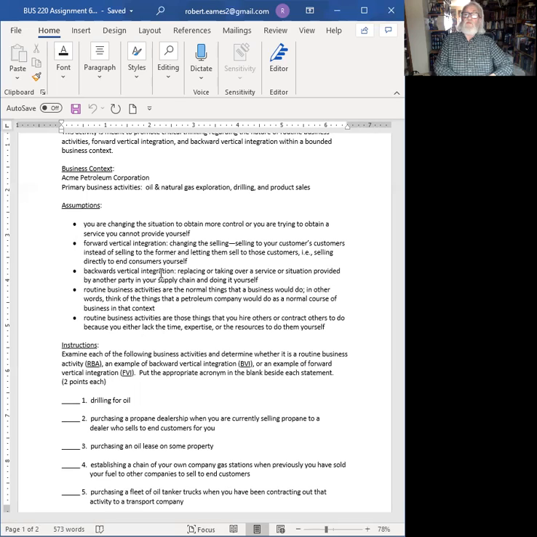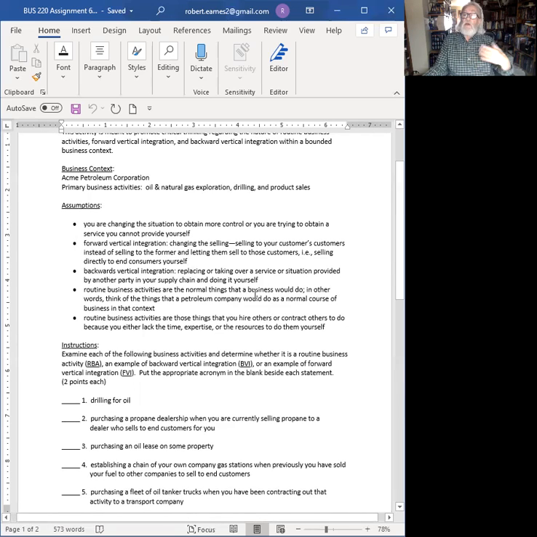Well, if you're performing backwards vertical integration, then you are deciding that, I can perform that service. I can do that thing myself in company. It will give us more control over things. And although we add another layer of activity and expense, in the long run, we probably will save money. We have more control over operations and so forth. That's why you do it.